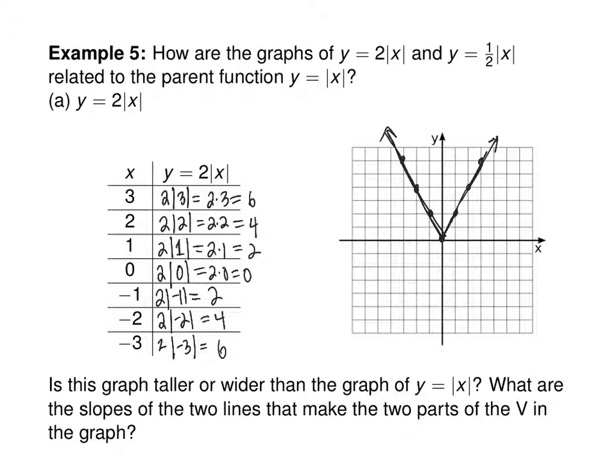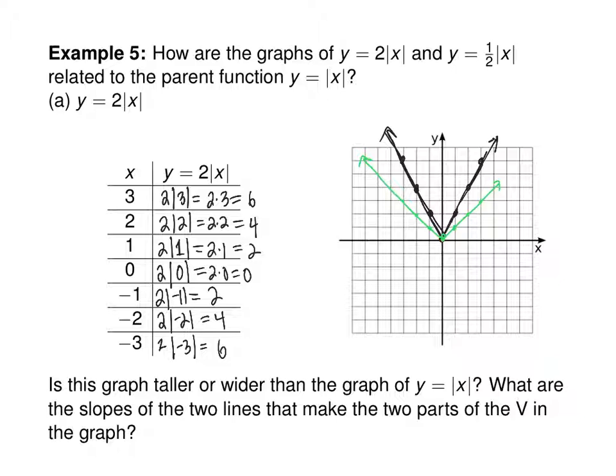And just for reference, I'll sketch in the original parent graph. So that went through 0, 0 and had a slope of 1 on one side, and then a slope of negative 1 on the other side. Okay, now is this black graph taller or wider than the graph of absolute value of x?